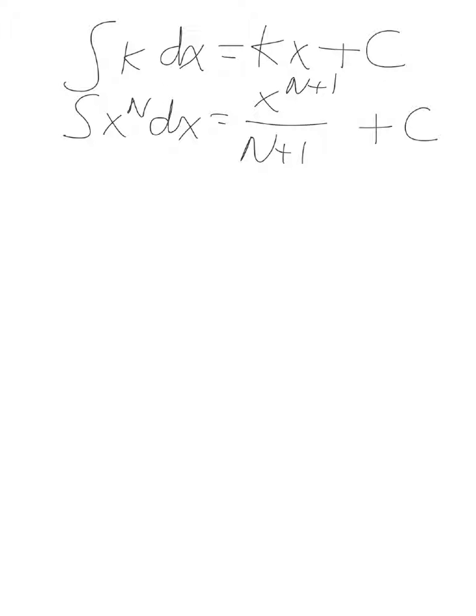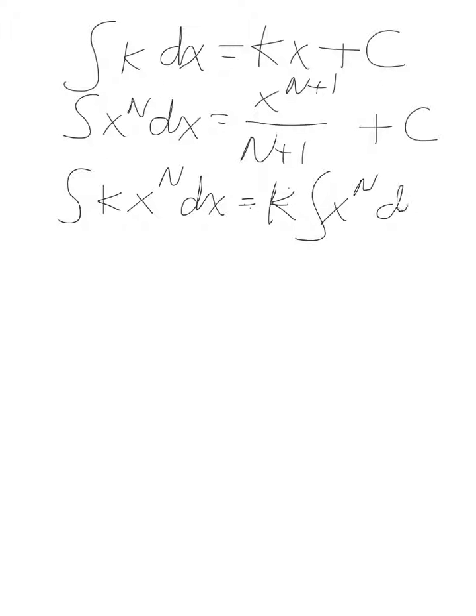If you have the integral of k x to the n dx, what you do is pull the constant on the outside and then have the integral of x to the n dx, but that's just going to be k times x to the n plus 1 over n plus 1.